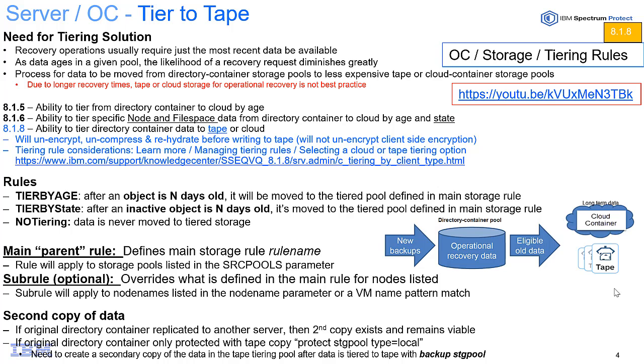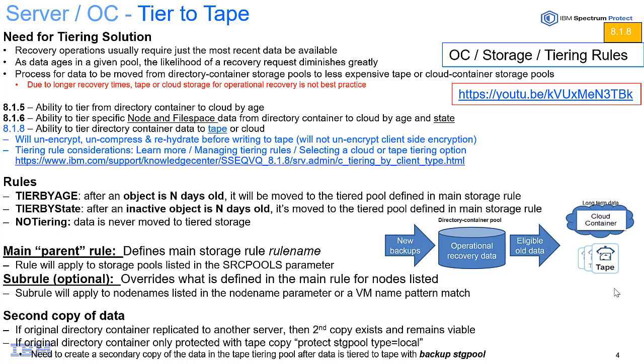Okay, the first new feature in Spectrum Protect is tier to tape. Now, the need for a tiering solution is being able to take data that is sitting on more expensive disk storage pools. And as that data ages, the recovery operations usually require that it's really not on as fast or high performing of media.